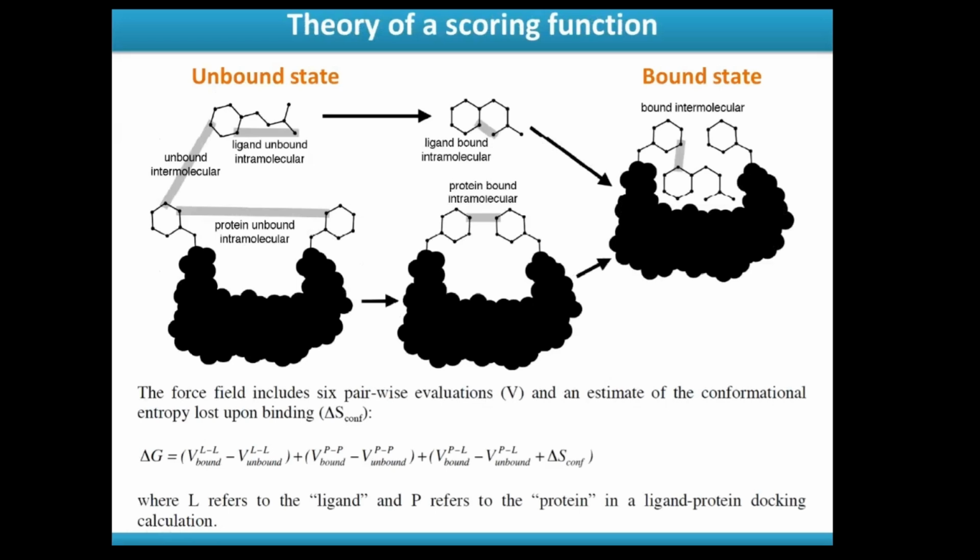To calculate binding energy, there are 6 different interactions which are measured for a small molecule and the protein molecule, right? Basically, there will be an unbound state and a bound state. In the unbound state, this is the ligand which is not yet bound to the binding site, and this is the protein which is present before docking.